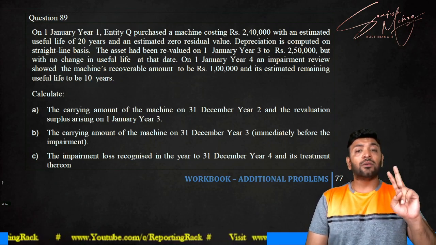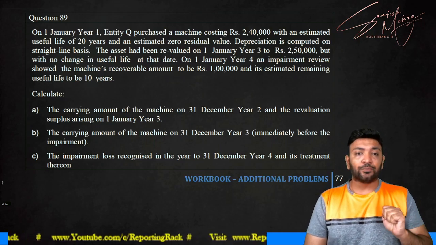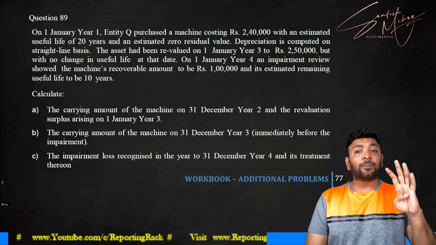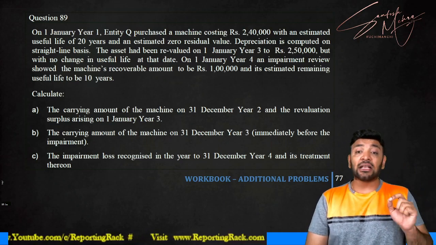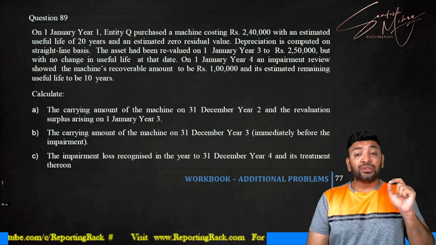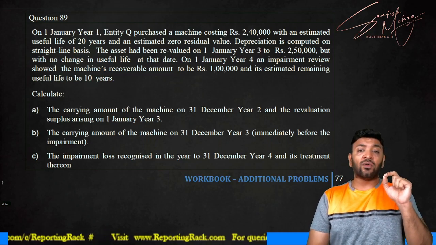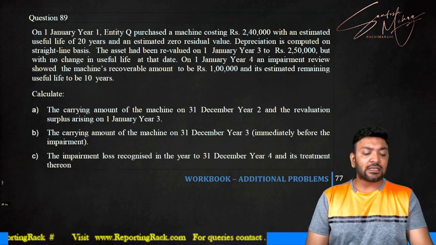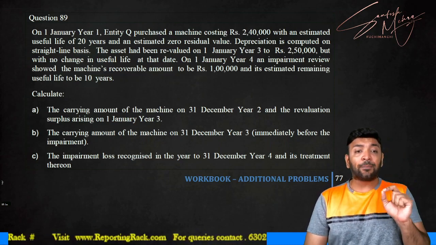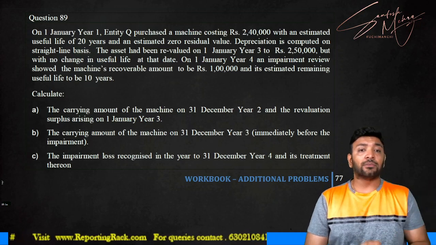So for 2 years, the amount of depreciation is 4,000. So 4,000 rupees of depreciation from 2,40,000 would have given me 2,36,000 as your written down value. This 2,36,000 is being revalued upwards to 2,50,000. That would have given me a revaluation surplus of 14,000.